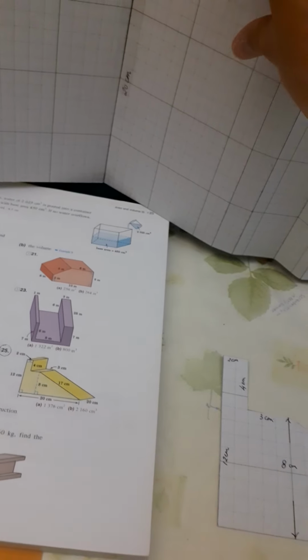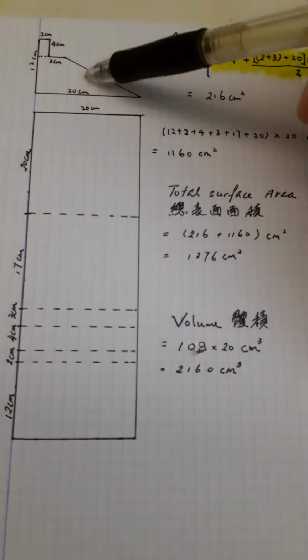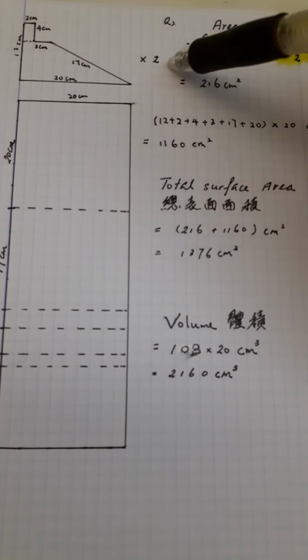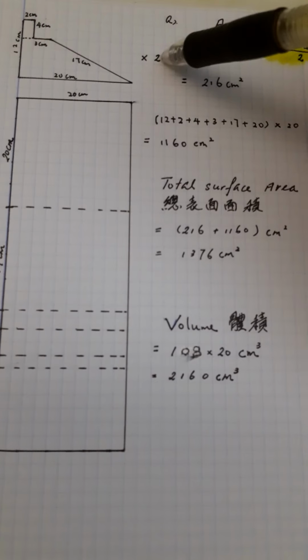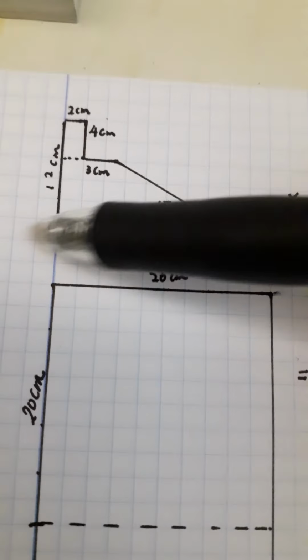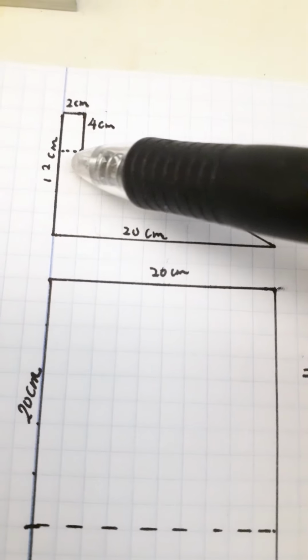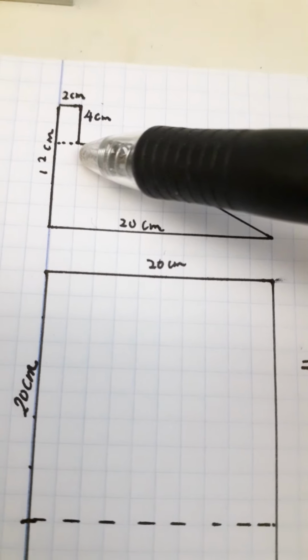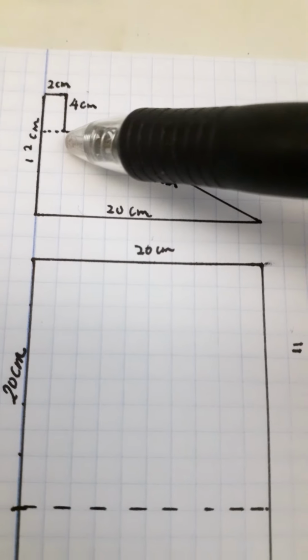Therefore, if you are asked to find the total surface area, let's take a look. For this shape, I have 2 pieces. For this shape, I cut here like that. I split it into 2 figures like that.